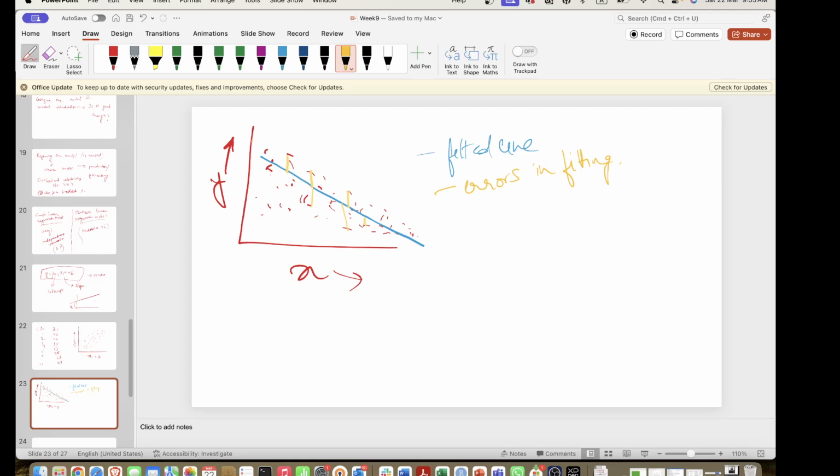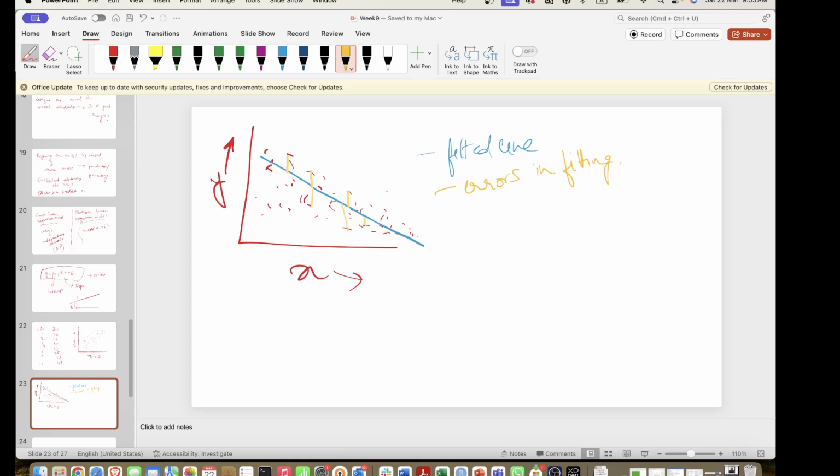And we are going to fit this line in such a way that these errors are minimized, in the sense that the sum of squares of these errors is as low as possible.